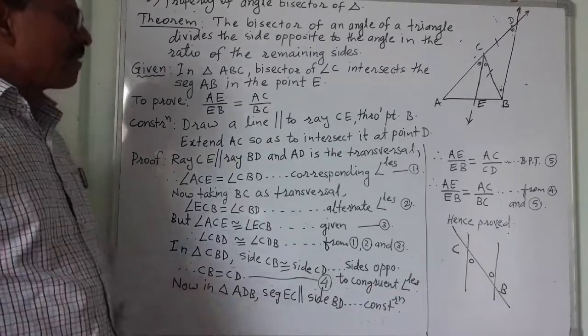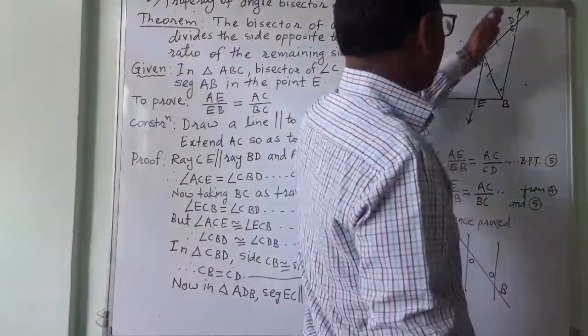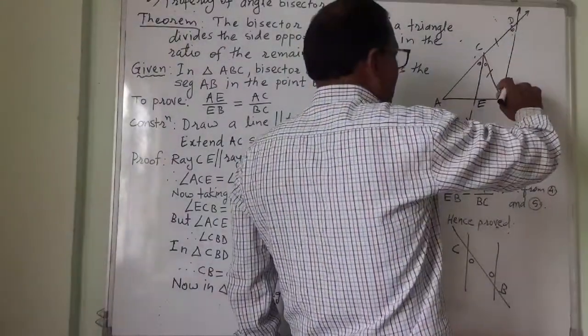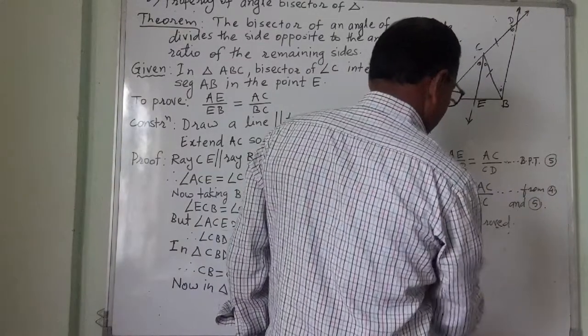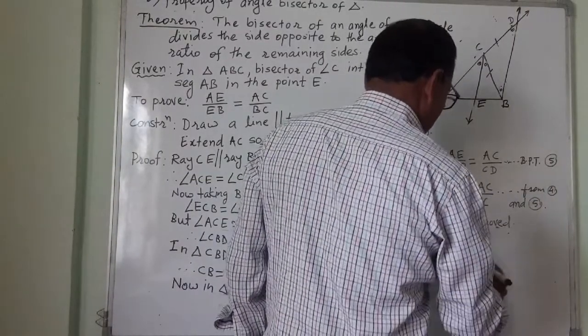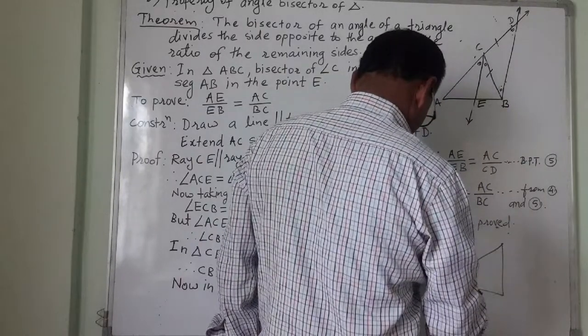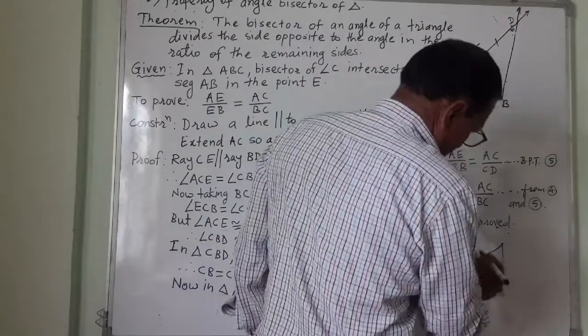Now in triangle ABD, now the whole triangle I will consider. In this whole triangle, if I rub this line, it will look like this. This is the triangle. This is a line parallel to this side.